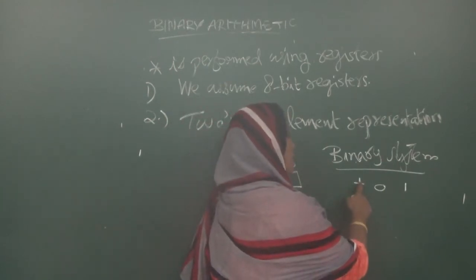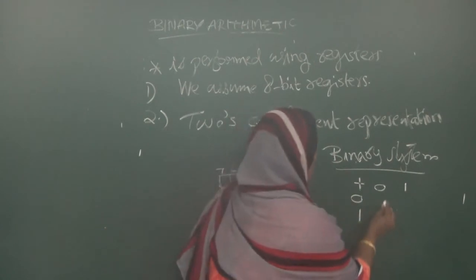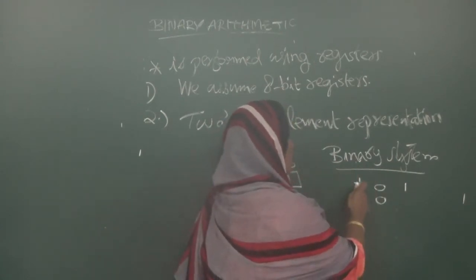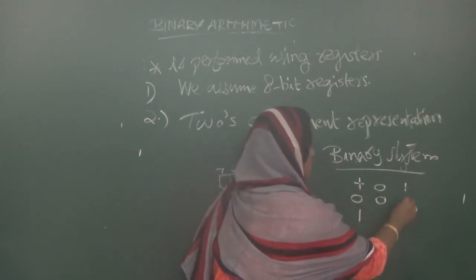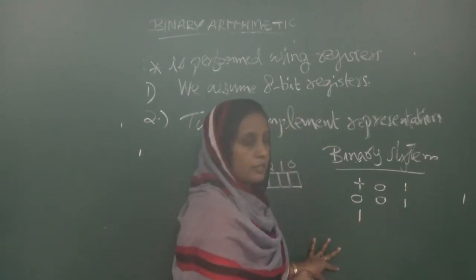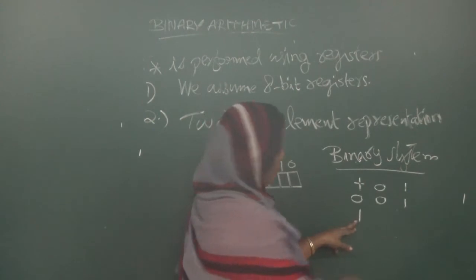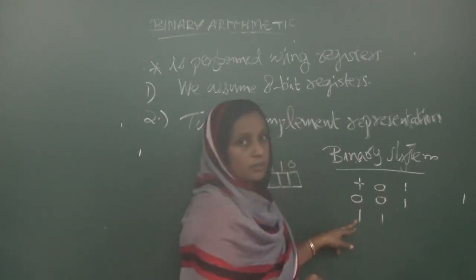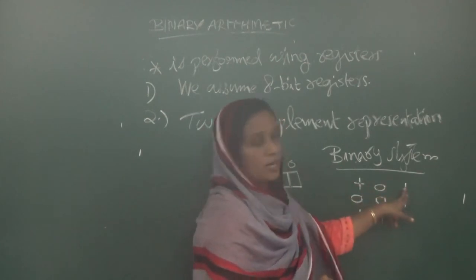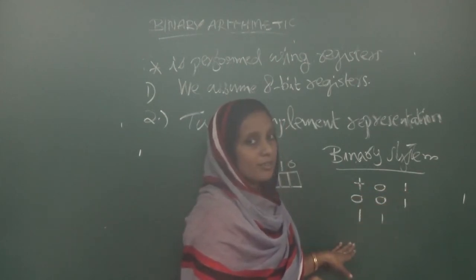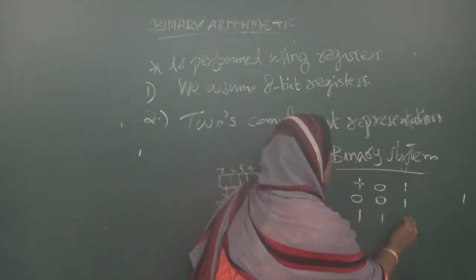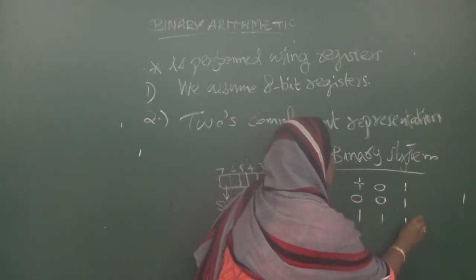So, 0 plus 0 gives us 0. Then 0 plus 1 gives us 1. Next, coming to the second row, 1 plus 0 gives 1. Then 1 plus 1, we know that it is 2, but in the binary system it is written like this, 1, 0.